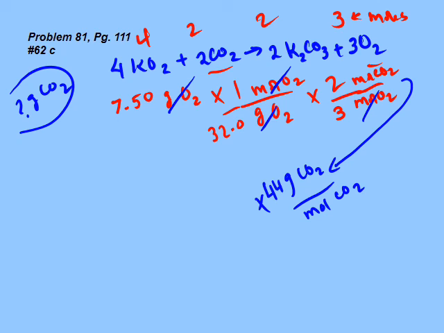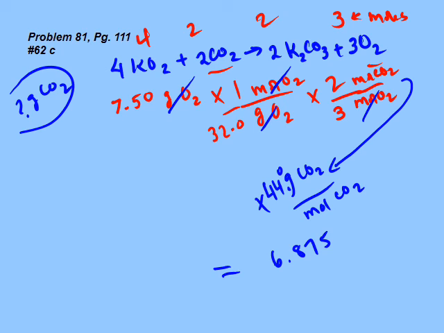So let's write down 44.0. I don't have enough space here. 44.0 gram of carbon dioxide. Now this gives you 6.875.